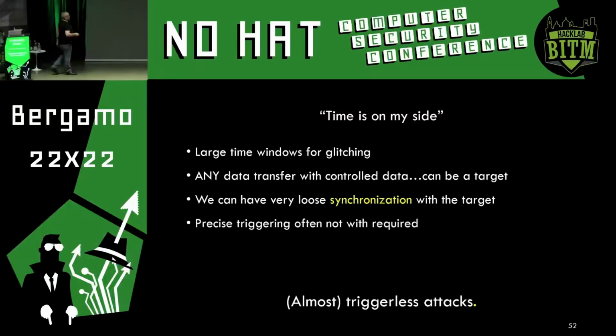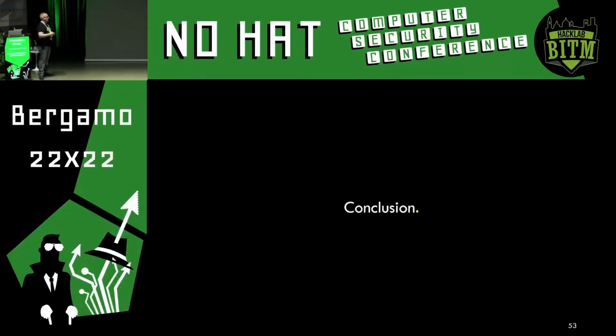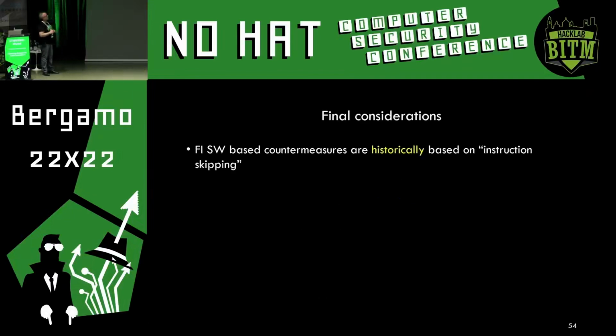So this actually brings you to a situation where your trigger becomes much more relevant and your precision is much less relevant. So let me add the following consideration. All the countermeasures in software, or most of them, are based on instruction skipping. If you use another fault model, they may, like in this case, completely disappear.